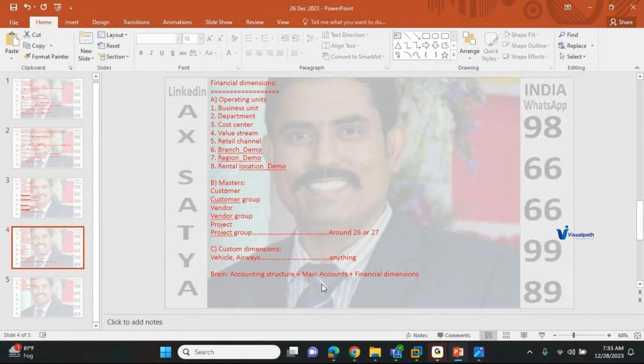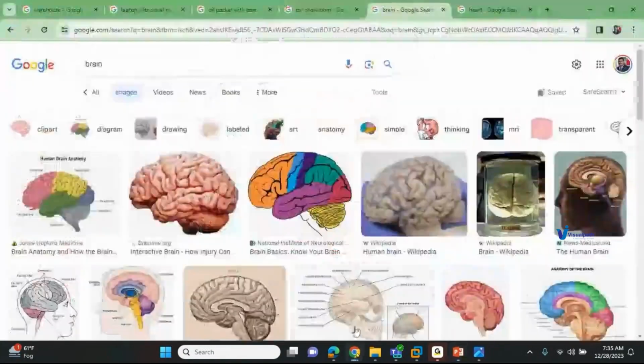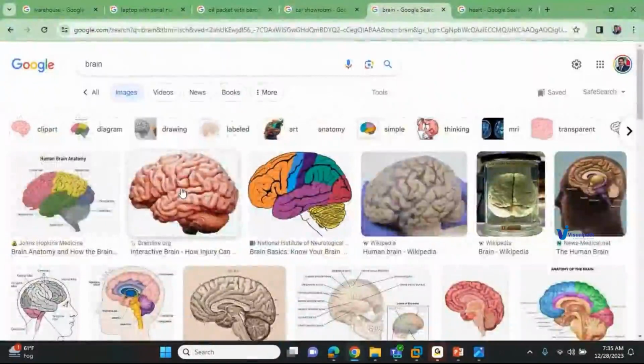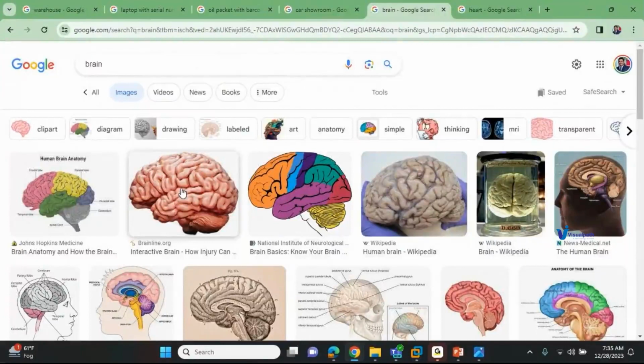To generate reports. I have compared it with the brain because everything you need is stored in your mind. Majority of whatever is needed will be stored in the brain. Whenever it is required, your brain will express or deliver the information. Then only you can speak with your mouth.